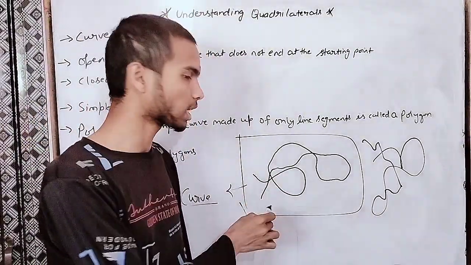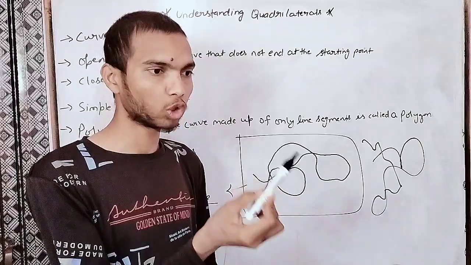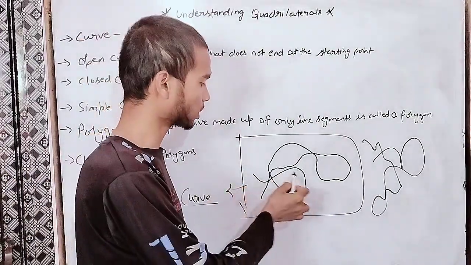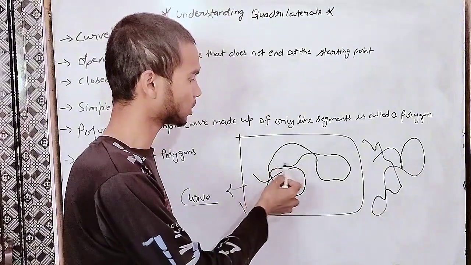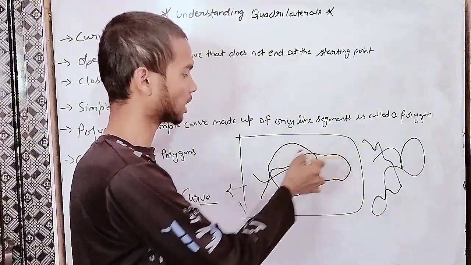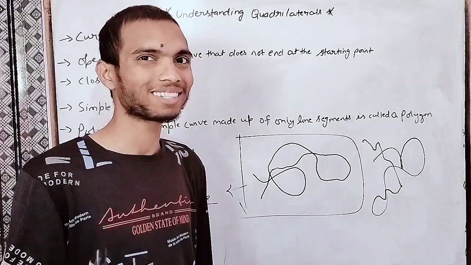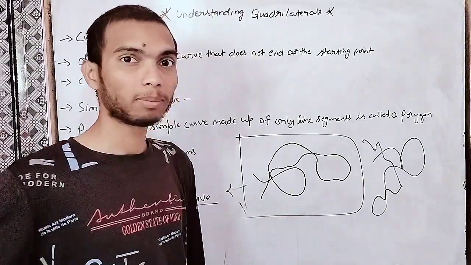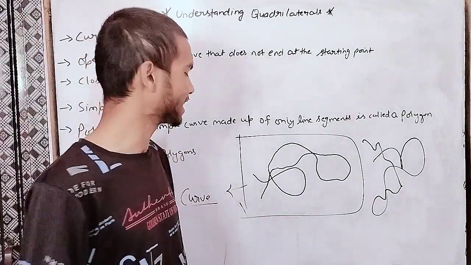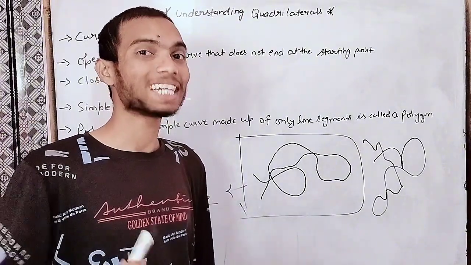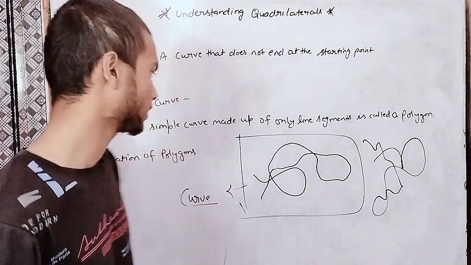So first point and second point, you will start them. Here you can see the first point. Then you start making a curve like that. Then you will have a second point, which will be known as the end point. The first point will be known as the starting point, and the second point will be known as the end point or last point.